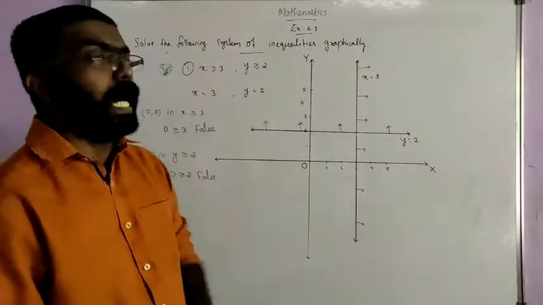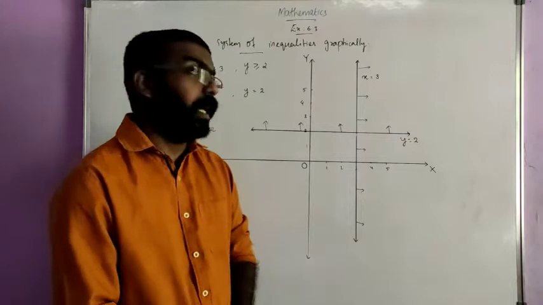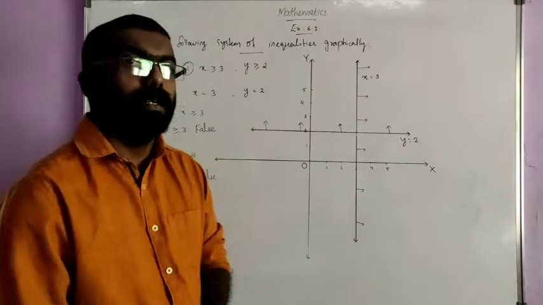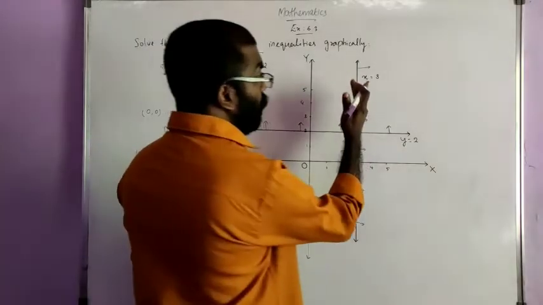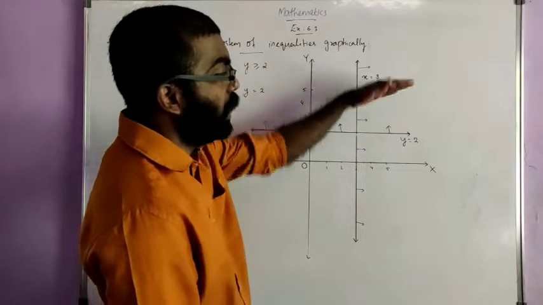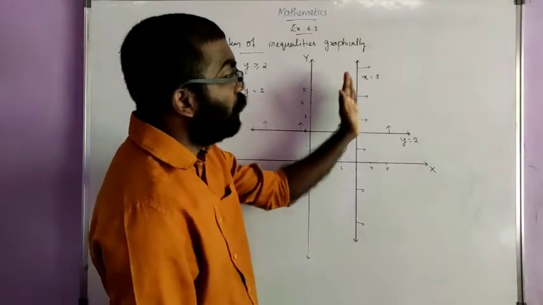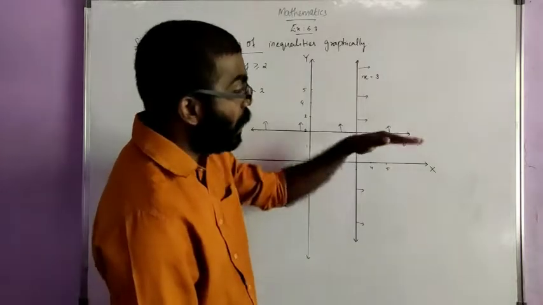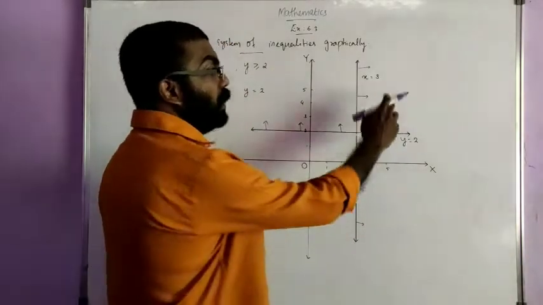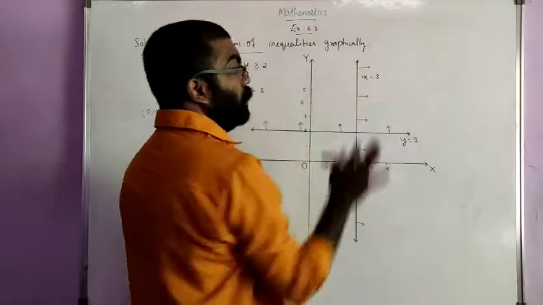Now we have to shade the common portion represented by both the inequalities, both the half planes. So here, the right part of the line x equal to 3 and the upper part of the line y equal to 2. So what will be the common portion? This will be the common portion, right part, top.